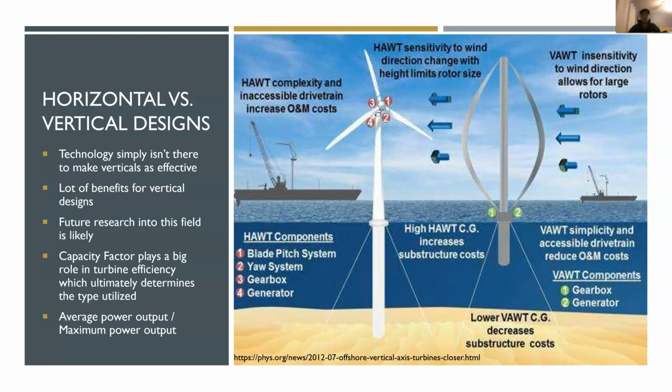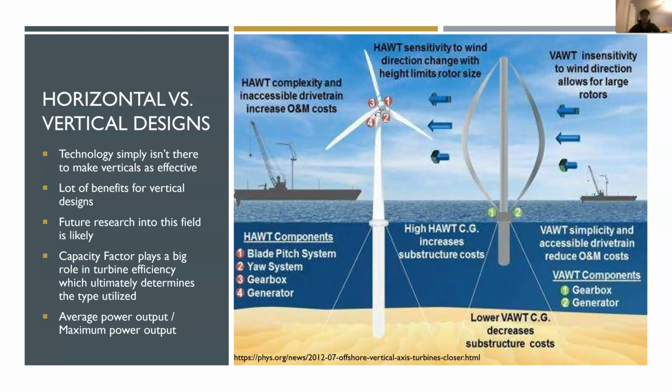But when it comes down to efficiency, which is what's used to determine what type of turbine is going to be used at a wind site, the horizontal turbine just can't be competed against. One of the biggest factors when you're looking at turbine efficiency is capacity factor, which plays the biggest role in the efficiency of a turbine, which ultimately determines the type to be used.